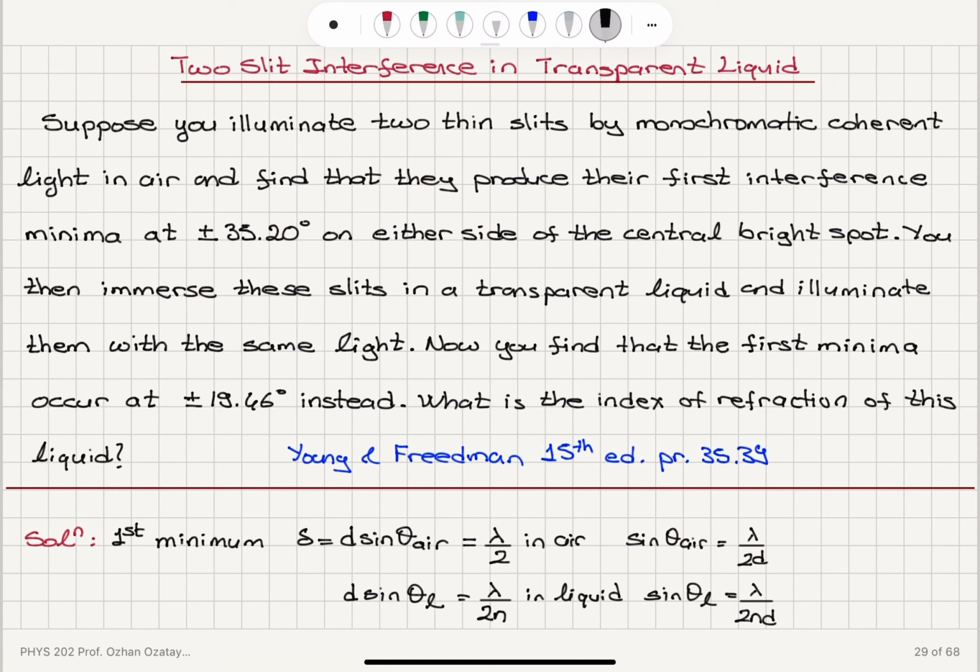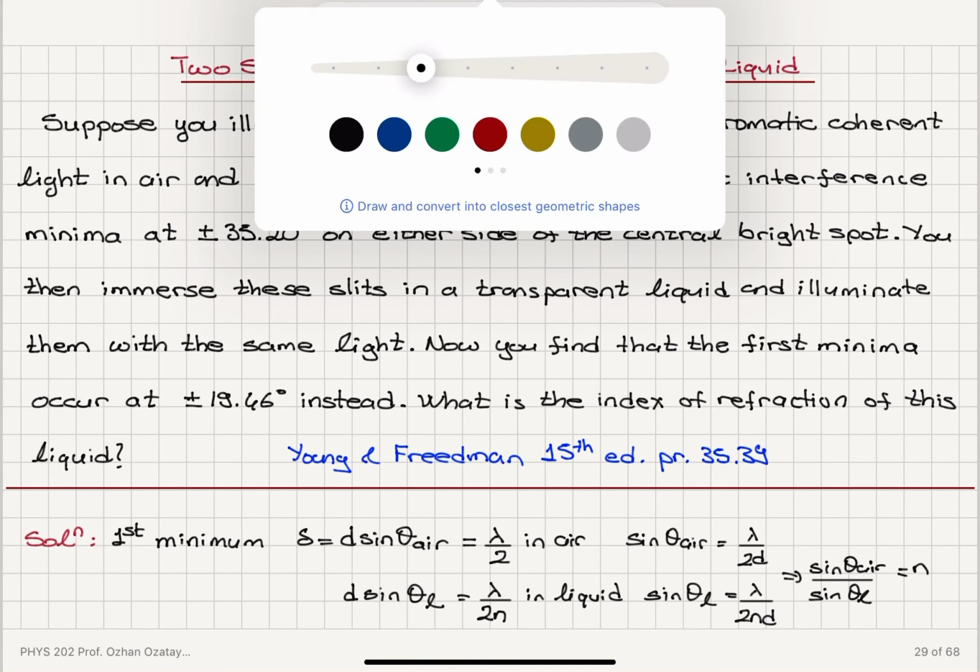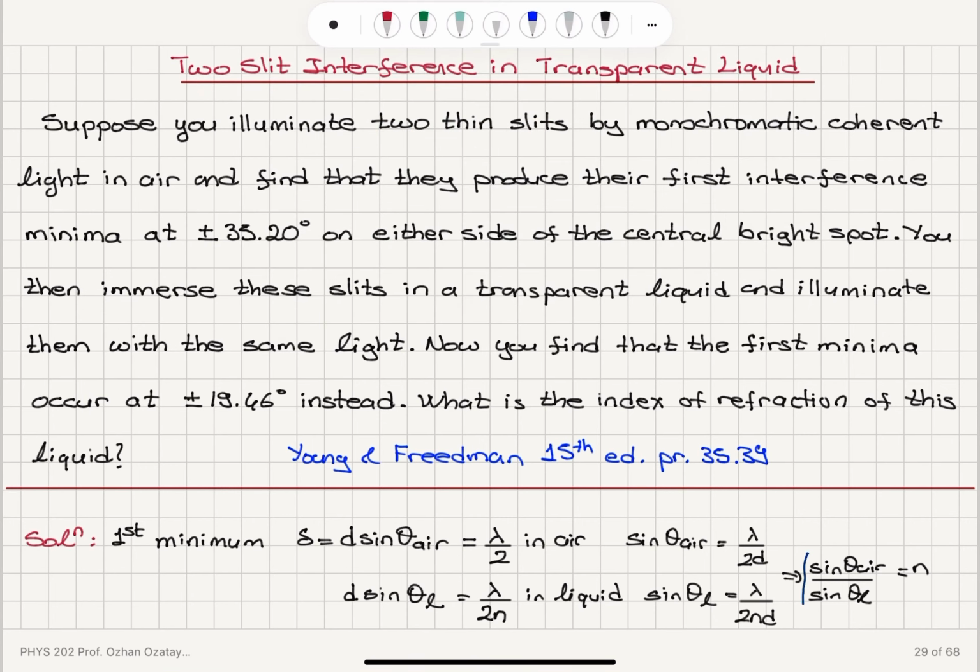So if we take the ratio sine theta air to sine theta liquid, this will be equal to n. So we can determine n by looking at the ratio of sine theta in the two cases.